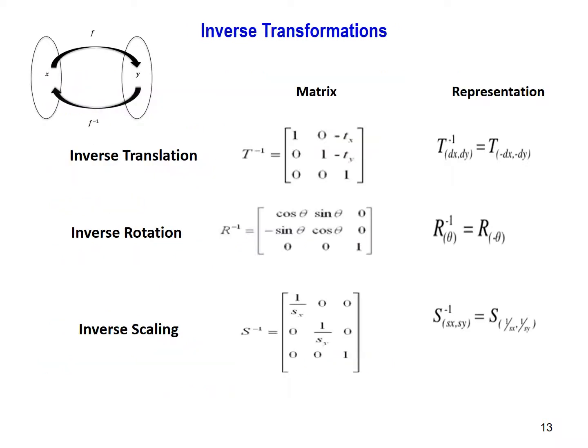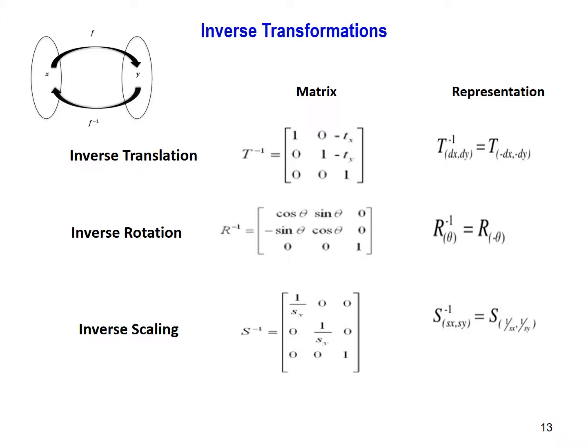Inverse transformations. The process of moving a transformed object to its original position is known as inverse transformation. Inverse transformation matrices are represented as below. The inverse translation matrix is represented as 1 0 minus tx, 0 1 minus ty, 0 0 1. That is, T inverse of tx, ty equals T of minus tx, minus ty.